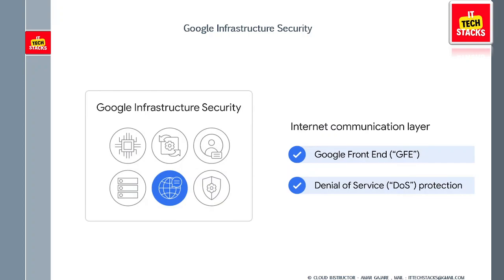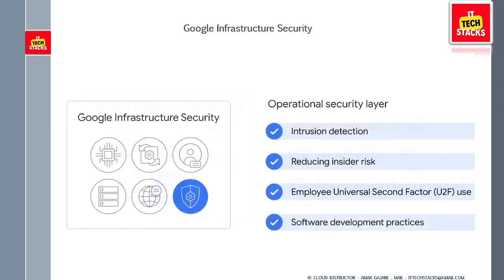The final layer is the Google operational security layer, which provides four key features. What are those four key features? First is intrusion detection.